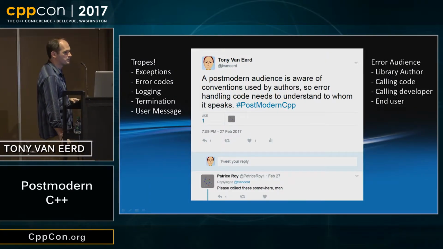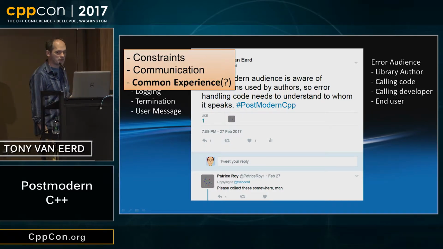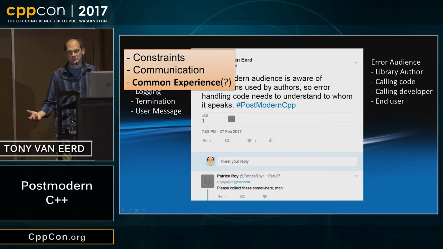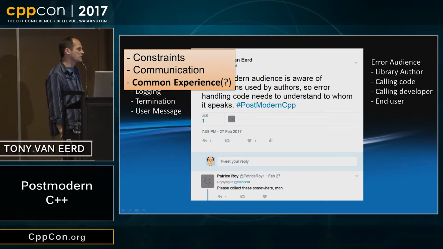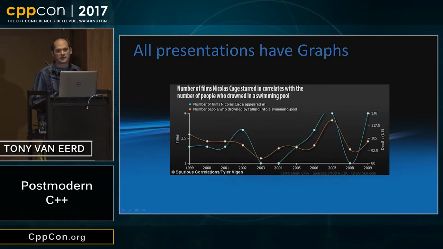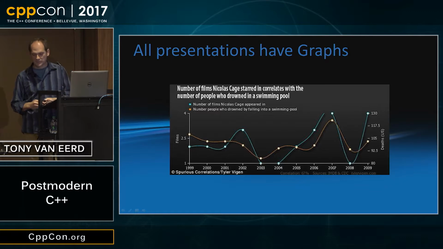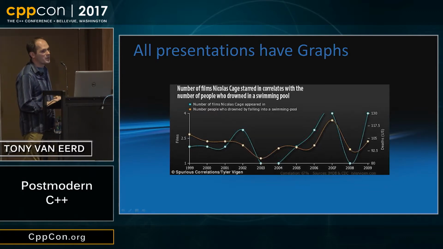And tropes, right? Why did I want to talk about tropes? Again, it's common experience. Tropes, which are just patterns in code, only work if you have a common experience. Graphs. Why graphs? Well, how can you have a talk without graphs? That's obvious. But I have graphs.